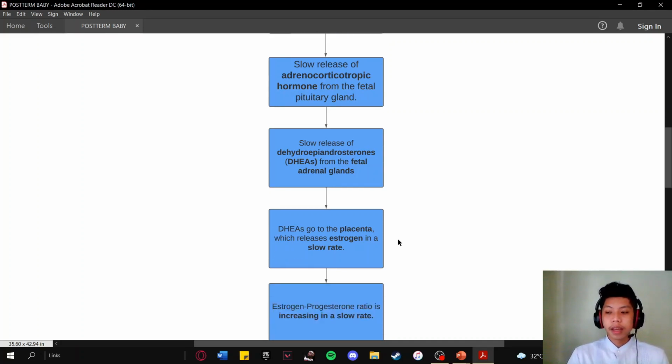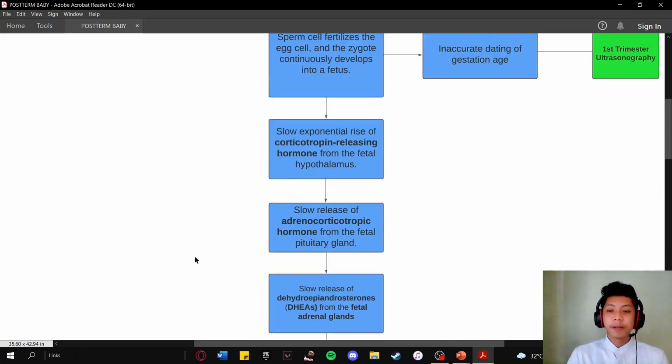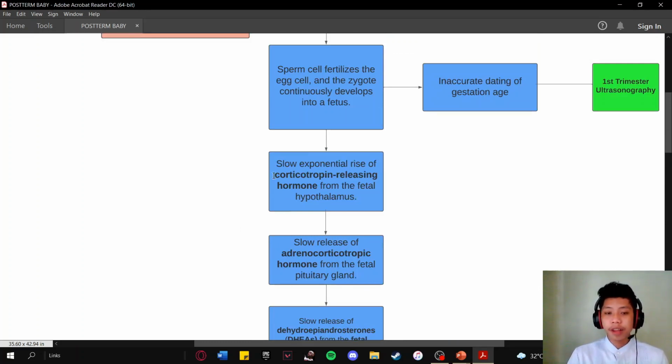In a normal tendency, the estrogen progesterone ratio is increasing at an ideal rate. But for postterm pregnancy, there is a complication on the rate of exponential rise, or the release of hormones.